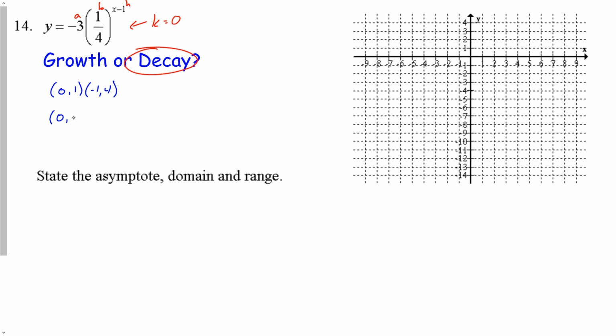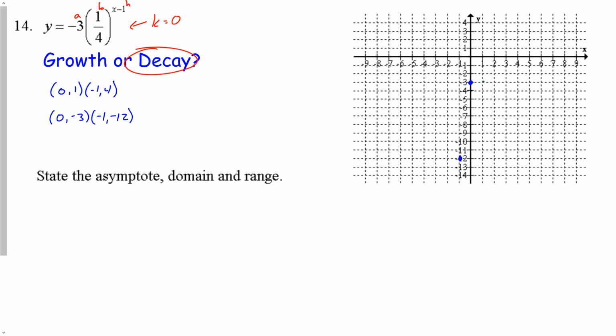Multiply those y coordinates by the A, so you get 0, negative 3, and you get negative 1, negative 12. So we can put those on our graph initially. And now we know we're going to move right 1 because of our H value, and we're not going to move up or down at all because our K value is 0.